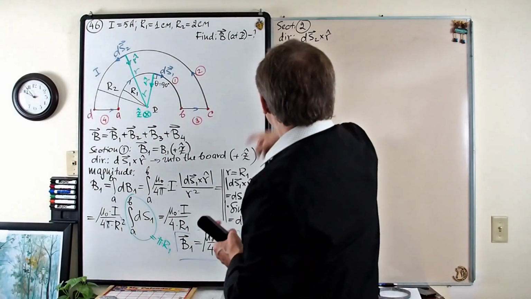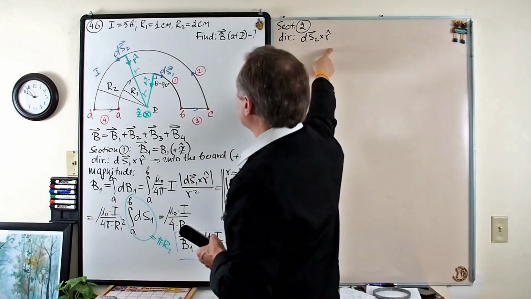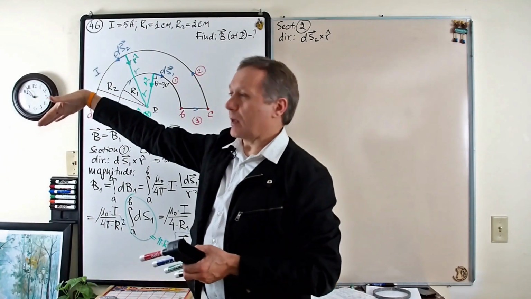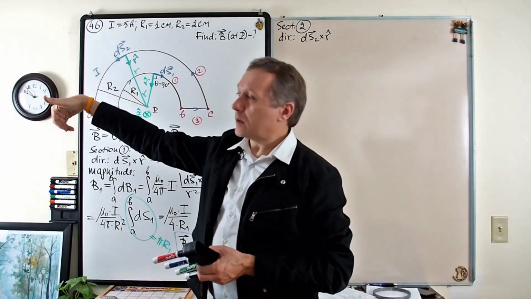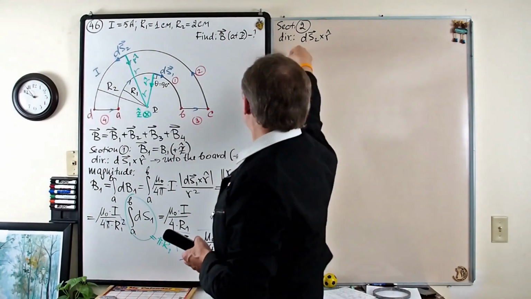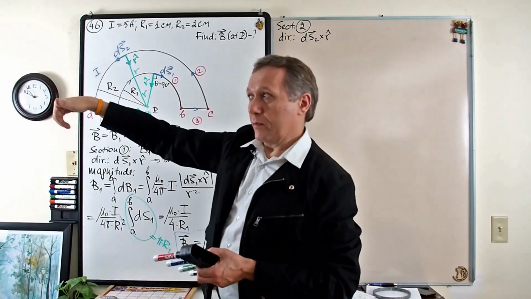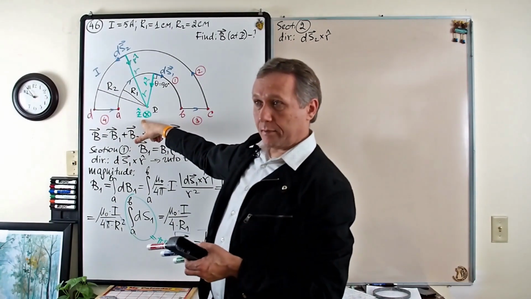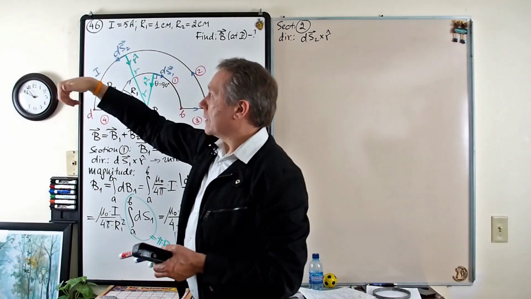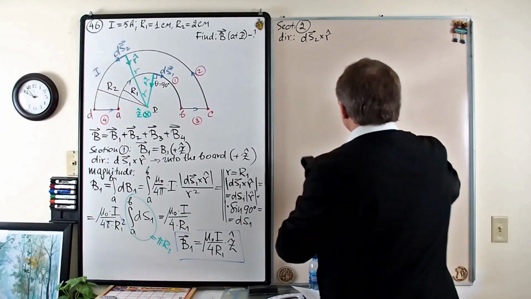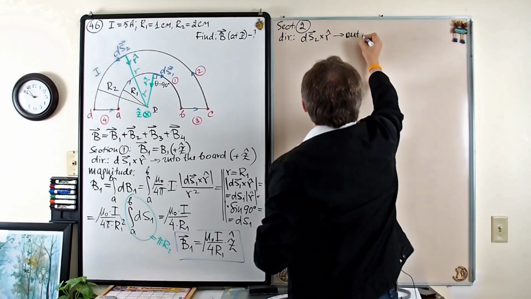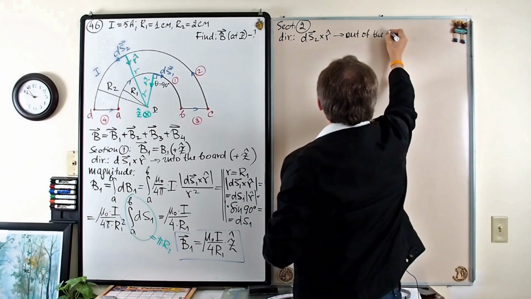Okay, so ds2 cross r: ds2 goes that way, r is down, so I have to position my hand like this. ds2 cross r will give us the direction of this cross product out of the board, which is minus z direction. Plus z direction is into the board, but this cross product gives us direction out of the board.